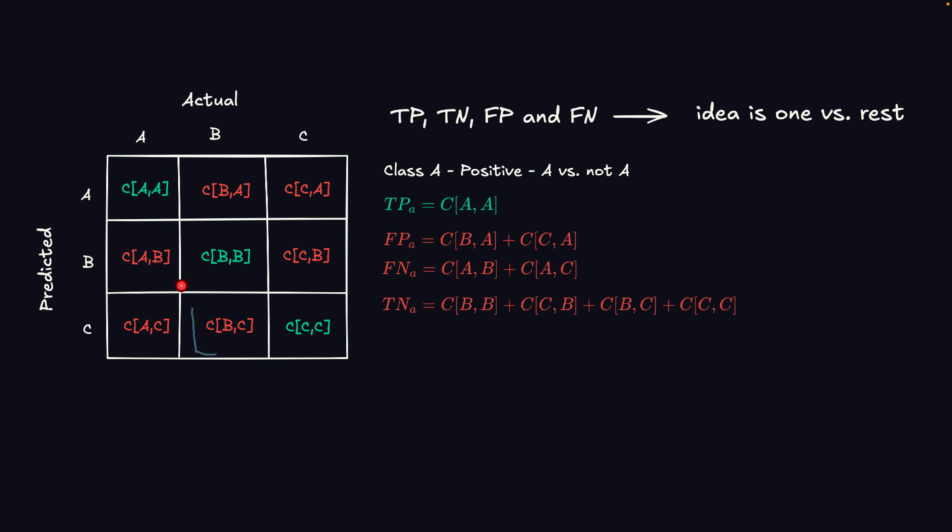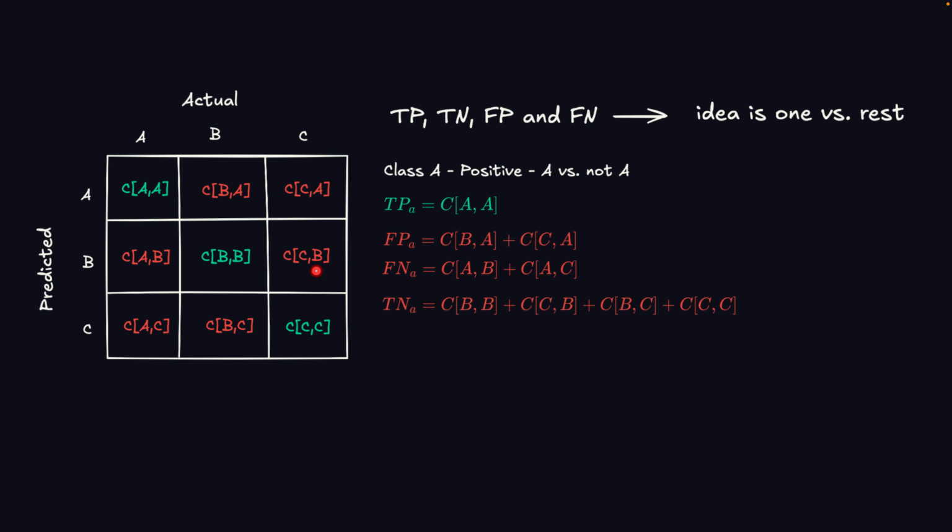The reason is, let's take this as an example. We have classification: B is predicted as B. Now we are looking at A versus not A. Our actual value is not A and the prediction is also not A, because both of them are B, which is not A. So that is true negative.